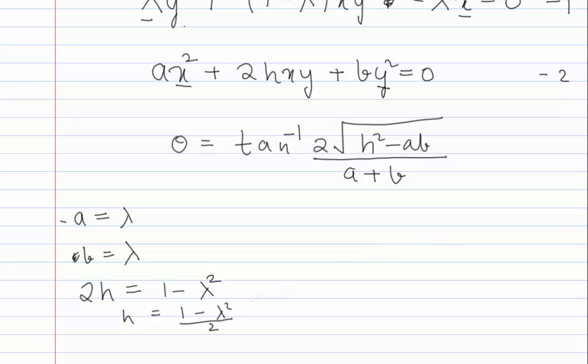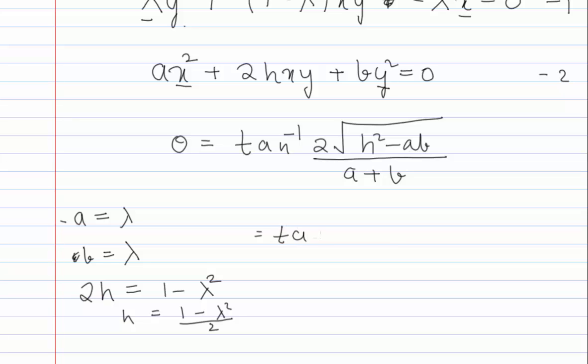We have a lot of flexibility in this question, because we know that a is equal to minus lambda, b is equal to lambda, and h is equal to (1 minus lambda square) divided by 2. But in order to solve these types of questions, we have to express everything in terms of just one variable, so one constant if you will.